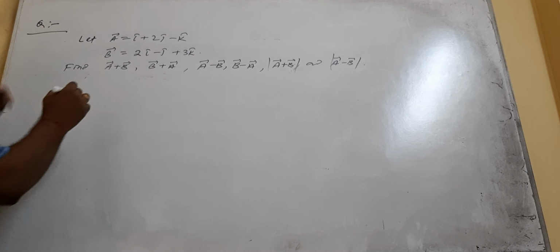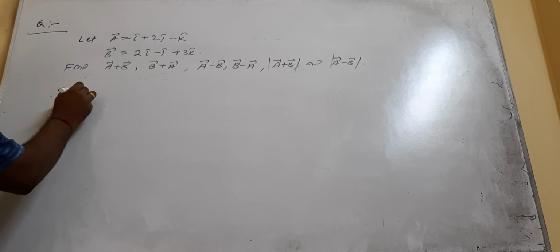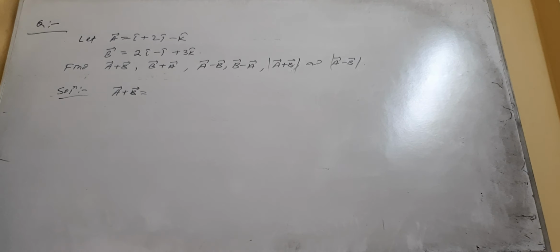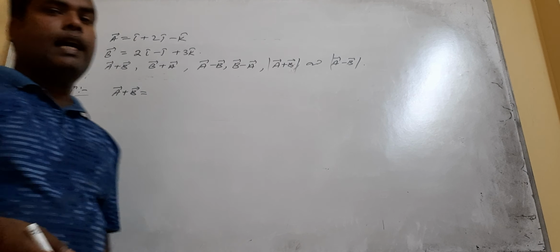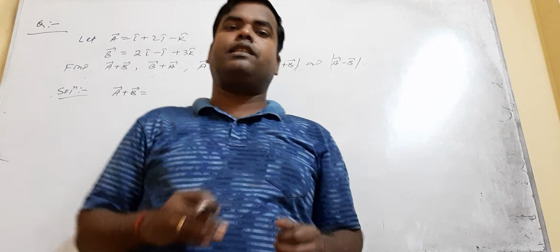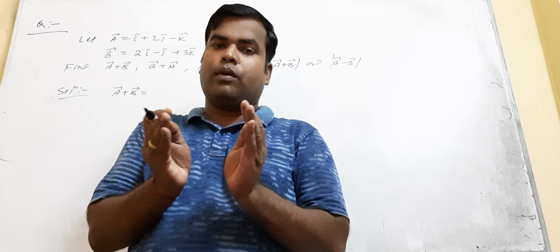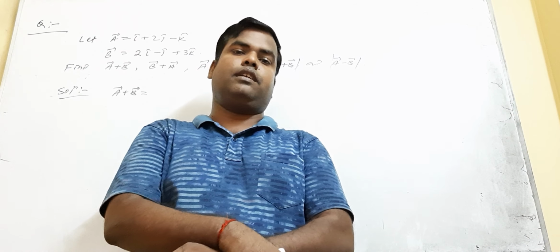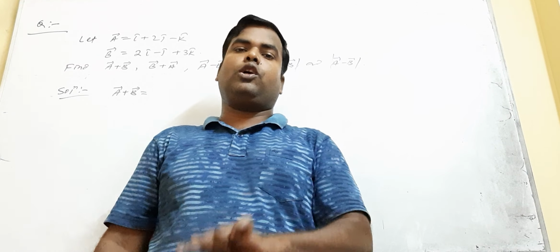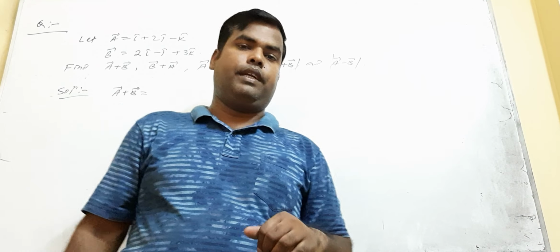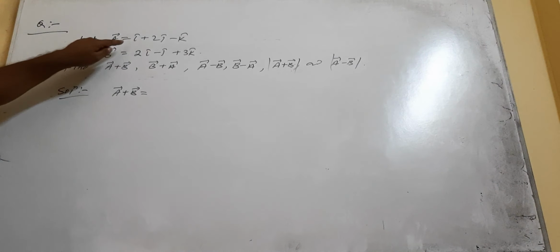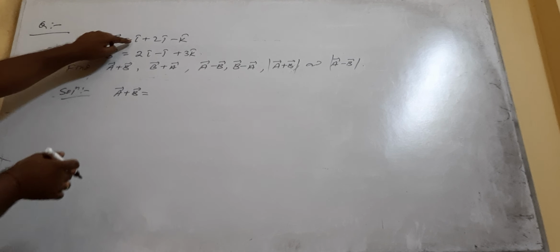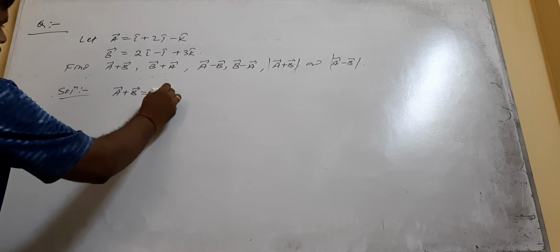You see, for a vector plus b vector, you can add x components with each other, y components with each other, and z components with each other. You cannot add the x component with the y component. So here it is 1 i cap and 2 i cap, so a vector plus b vector gives 3 i cap.